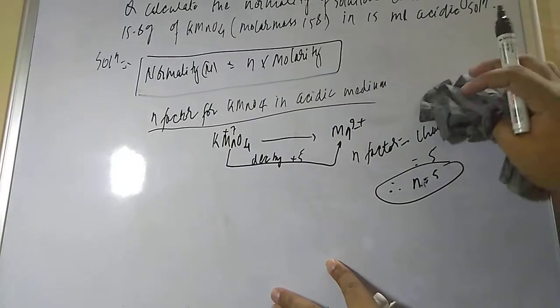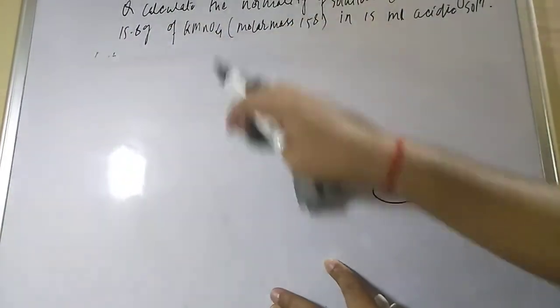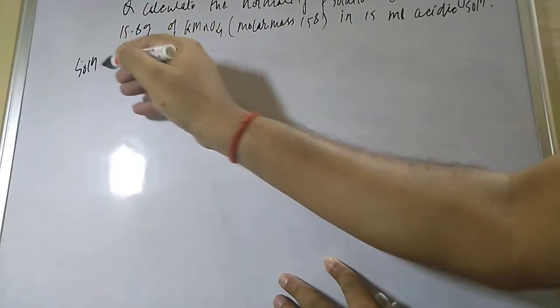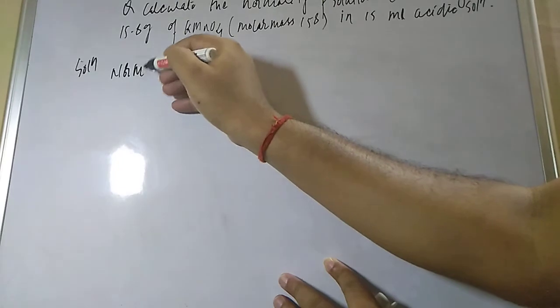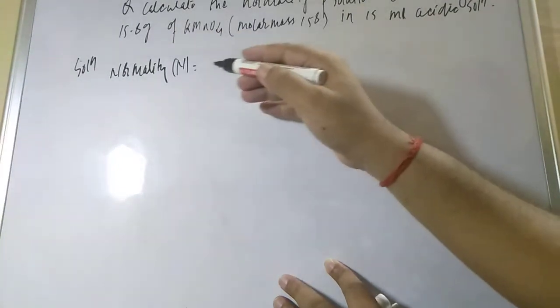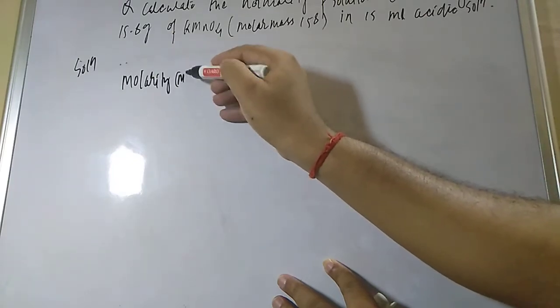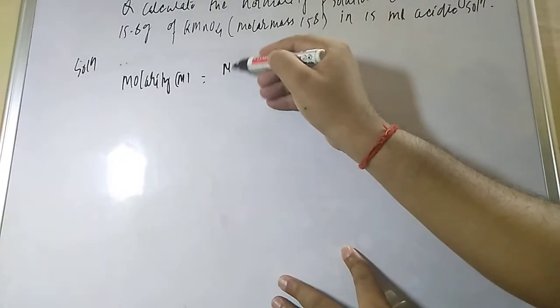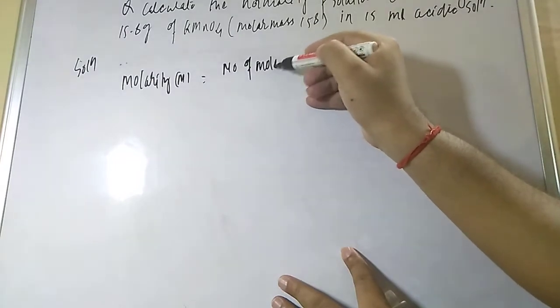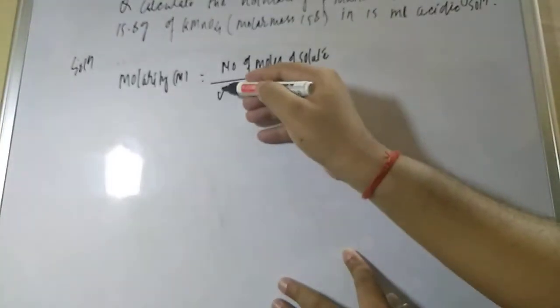After erasing this, I am going to calculate the normality. Student, we are using the short formula of normality, because already we have calculated so many formulas. Molarity, student, not normality: capital M is equal to the number of moles of solute divided by the volume of solution in liter.